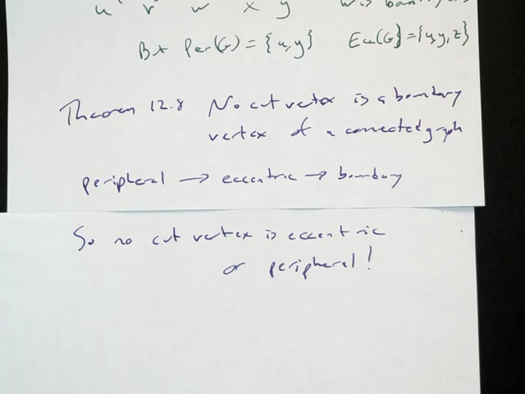So when I look at these subgraphs, the induced subgraph, the eccentric subgraph, the peripheral subgraph, I haven't really looked at a boundary subgraph because that's a little harder to create. But what I can look at are these extreme ideas. And really, a boundary is an extreme. So let's look at another definition.